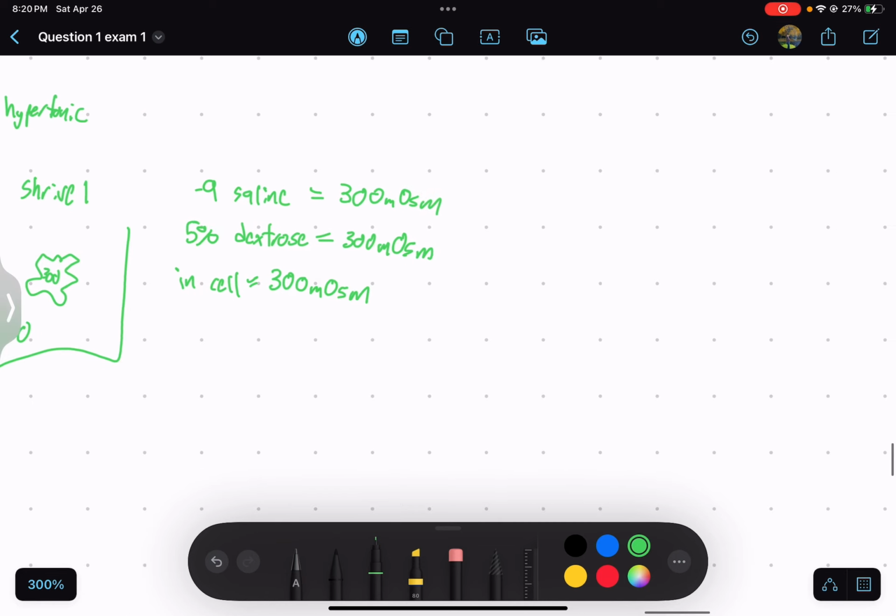But we also need you to understand that dextrose gets used up by the cell, metabolized by the cell, and it's permeable to the membrane.